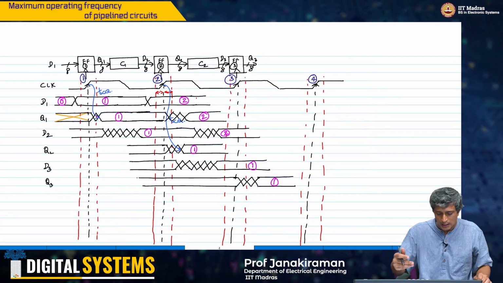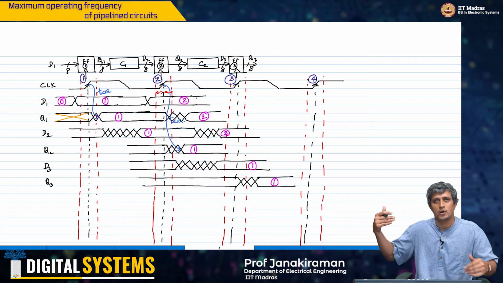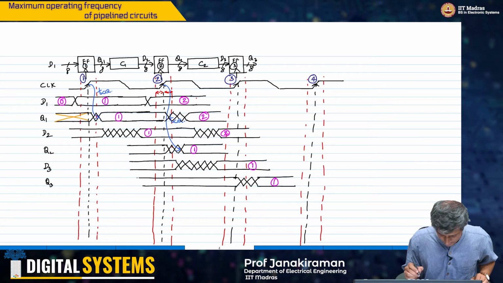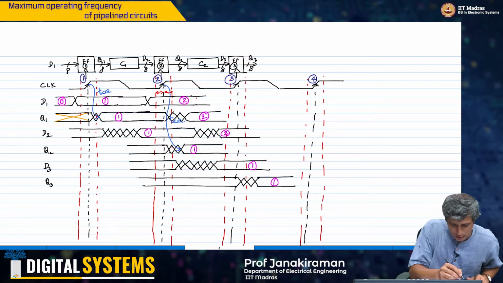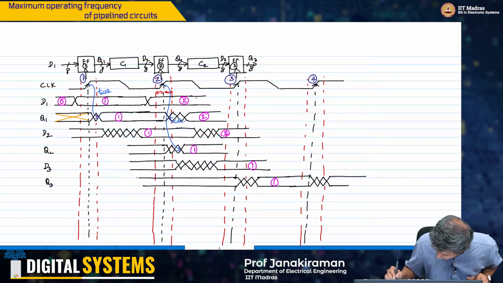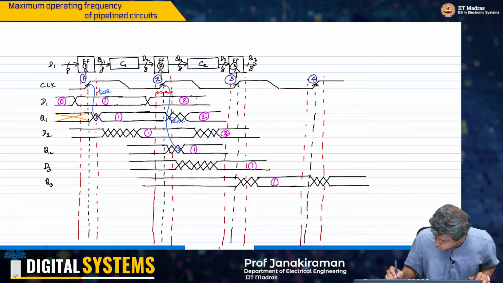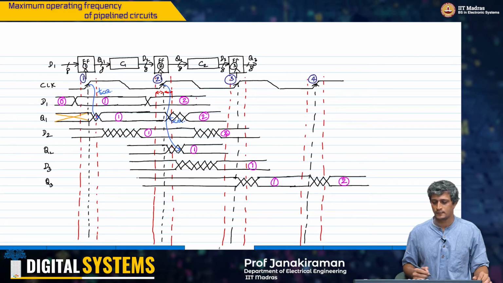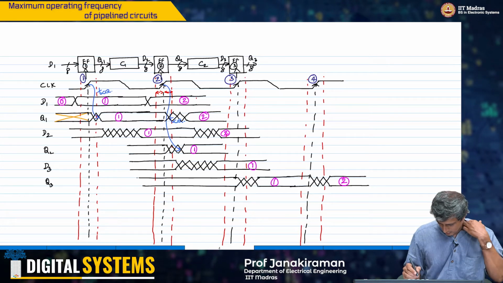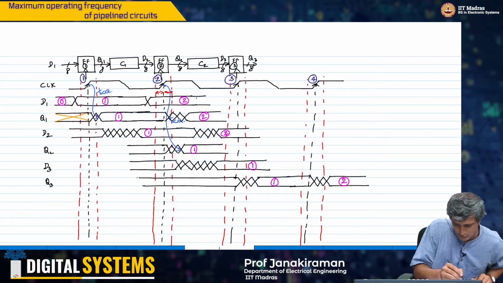Likewise, in the subsequent clock edge, you will have event 2 coming out. So if I just continue this diagram here and plot what's going to happen, you will have this clock edge like this, and you will have event 2 coming here. So event 2 is going to propagate all the way like this.